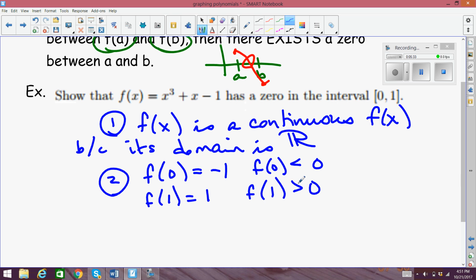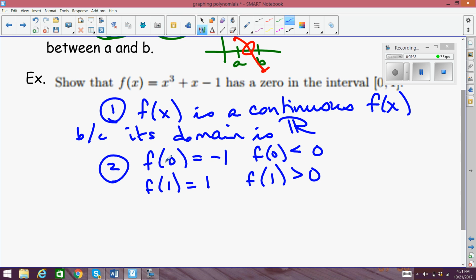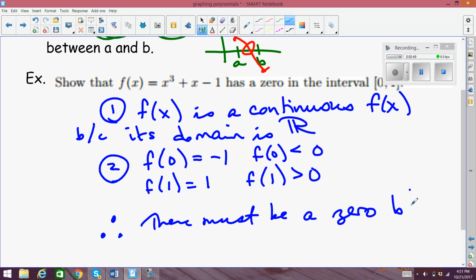So since it's continuous, and there's a sign change between the points x equals 0 and x equals 1, therefore, there must be a 0 between x equals 0 and x equals 1. And that is the intermediate value theorem.